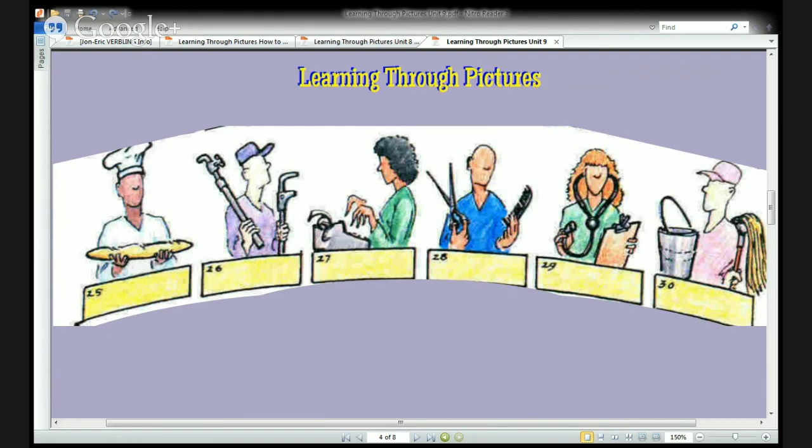Well, we don't often use the word secretary anymore because it has many meanings. A secretary is more like in the government, the Secretary of State.